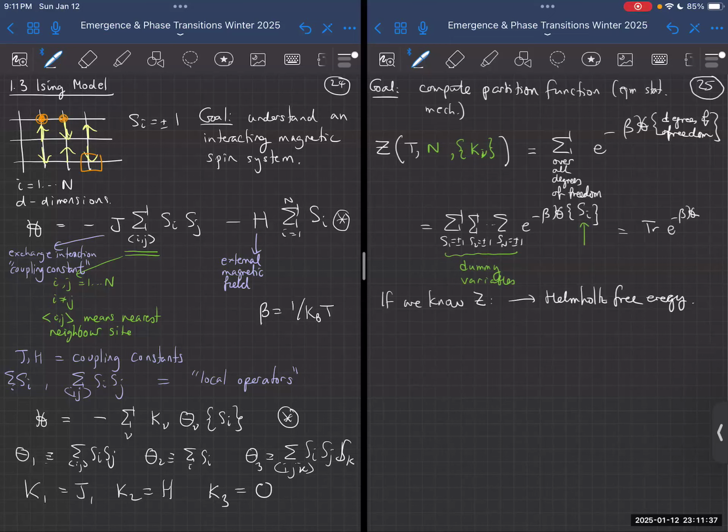And if you look in a not very good book on statistical mechanics, it'll say, well, the Helmholtz free energy is equal to minus k_B T times the logarithm of the partition function.